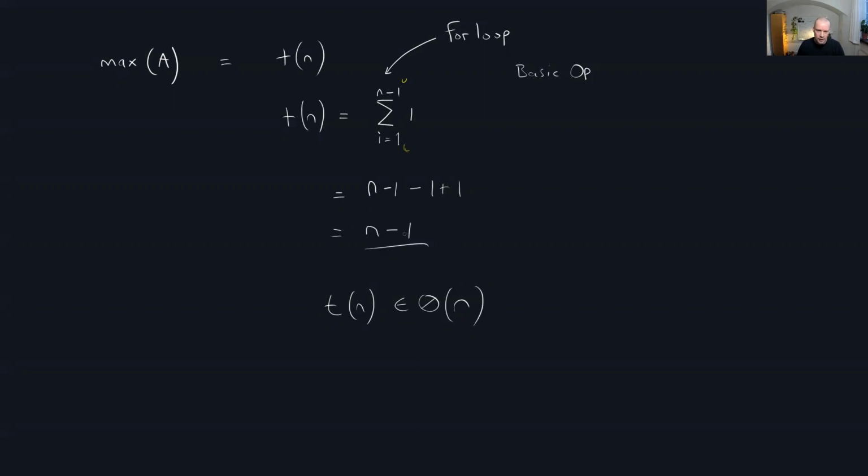Just worth noting that we throw this away: we don't care about the extra constant. So that worked out pretty good. We had our for loop and we had our basic operation. I should really put an arrow in there, otherwise that's super confusing. Great.